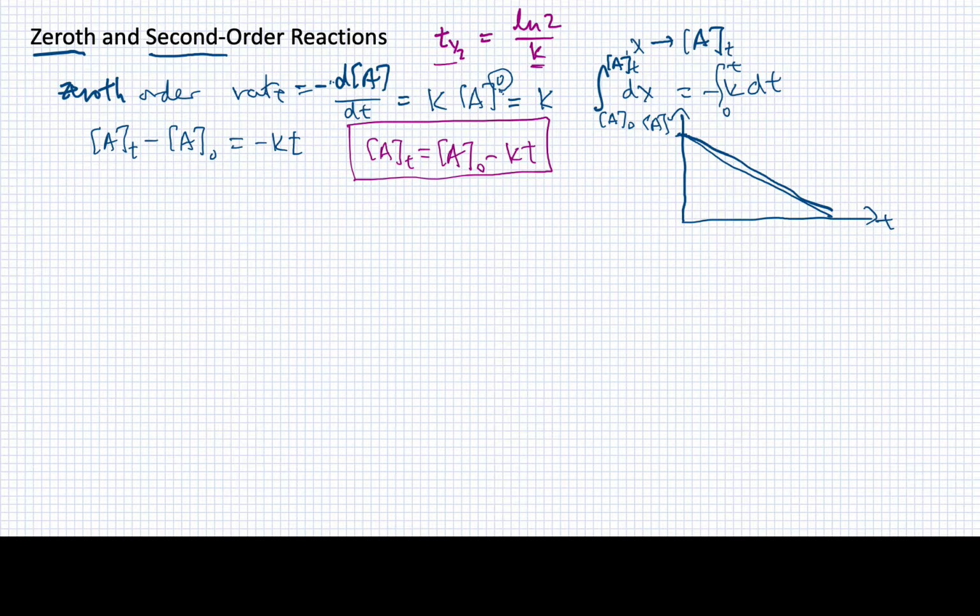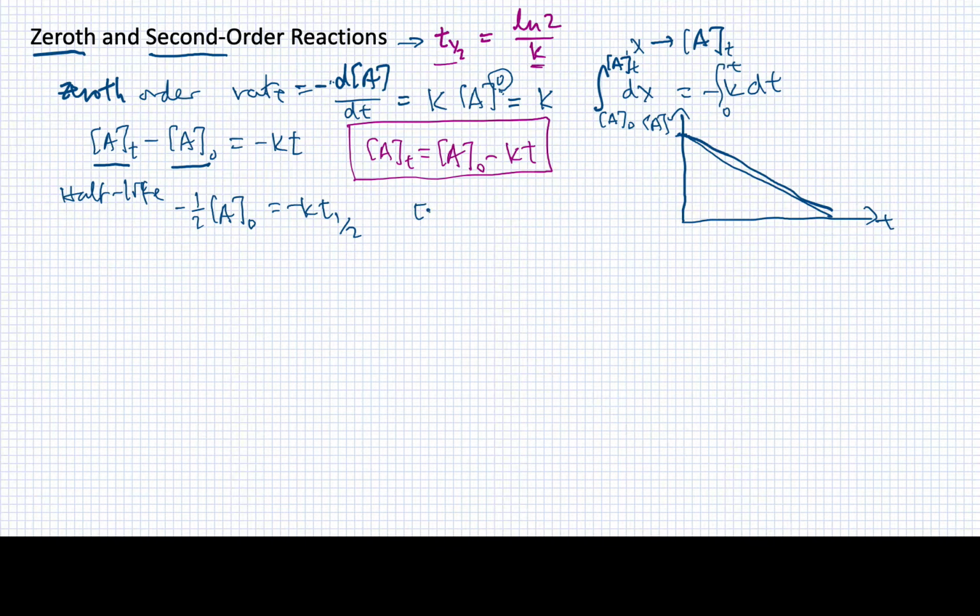How would we describe the half-life in this case? Since we found this relationship for half-life of first order reactions, what will be true for zeroth order reactions? Well, again, it's where this value is equal to 1/2 of this value. So if I were to simply subtract those two, I would find that minus 1/2 of the initial value, if this is 1/2 A0, minus 1 A0 is minus k t 1/2.